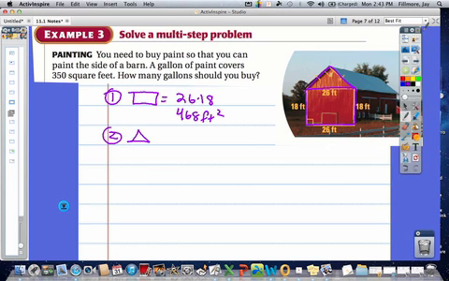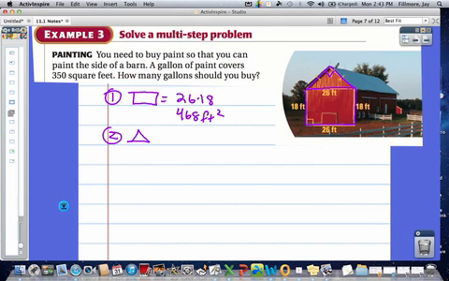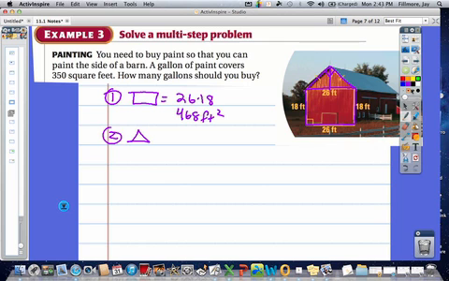Well, for the triangle, we know it's an isosceles triangle, and it's also a right triangle. So we could use 45-45-90 here. Or we could drop a height, an altitude, and since this is 45, and this is 90, this should be 45.